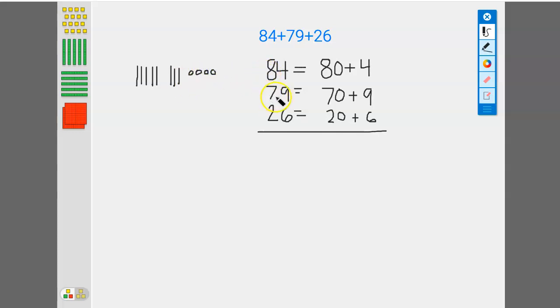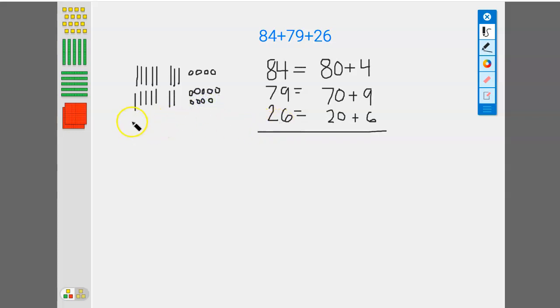Now we're going to decompose 79 using quick tens and ones. 10, 20, 30, 40, 50, 60, 70, 71, 72, 73, 74, 75, 76, 77, 78, 79.